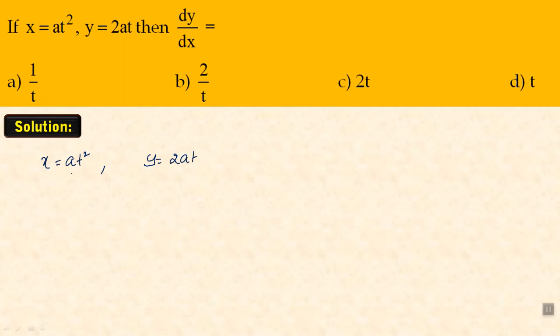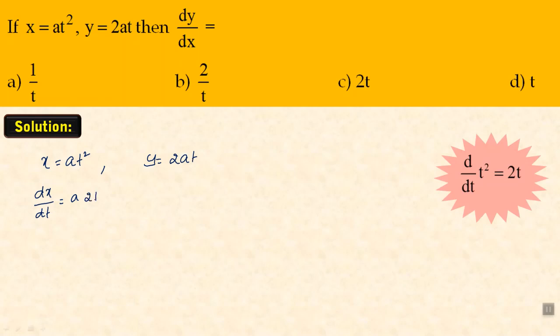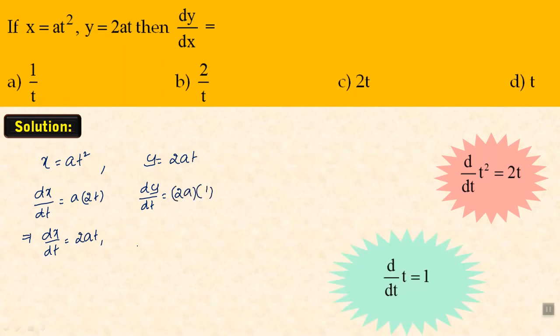Now, differentiating with respect to t on both sides, we get dx by dt is equal to, here a is constant, d by dt of t square is 2t. This implies dx by dt is equal to 2at. Here differentiating with respect to t, we get dy by dt is equal to, here 2a constant, d by dt of t is 1.